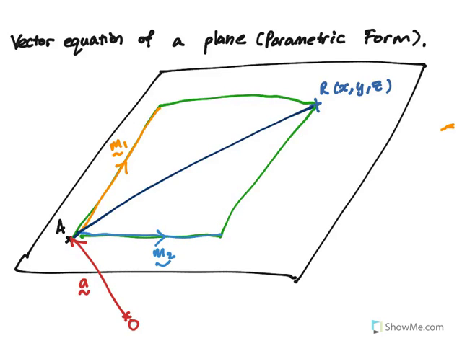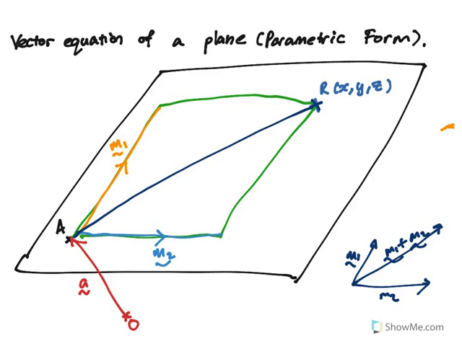What's the parallelogram law? Just quickly recall: for example, this is M1, this is M2, then this vector here will just be M1 plus M2. So the parallelogram law of addition can help us define any point on the plane using the two direction vectors M1 and M2.